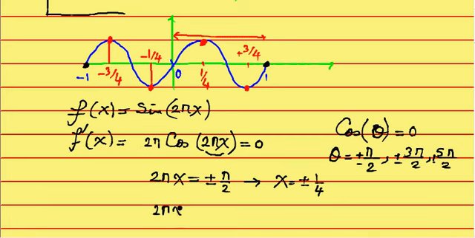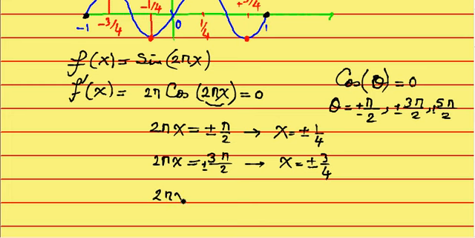If you set 2 pi x equal to the other angle at which cosine becomes 0, 3 pi over 2, plus or minus of that is acceptable, x is going to be, dividing by pi and by 2, plus or minus 3/4.